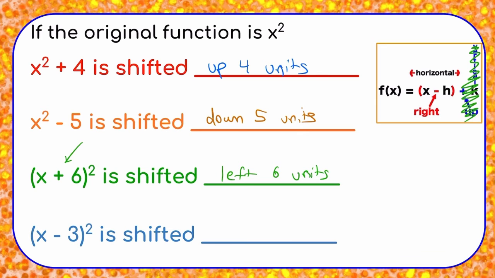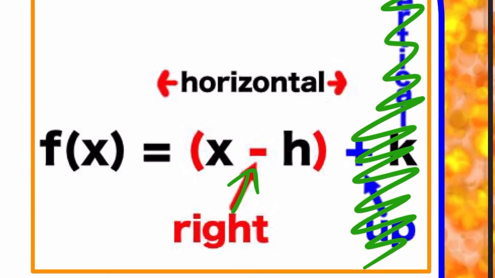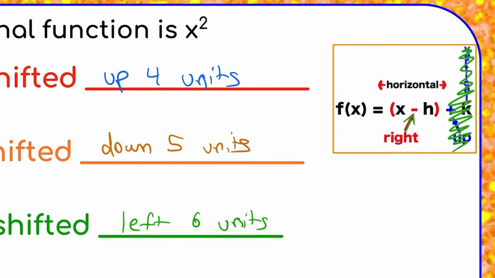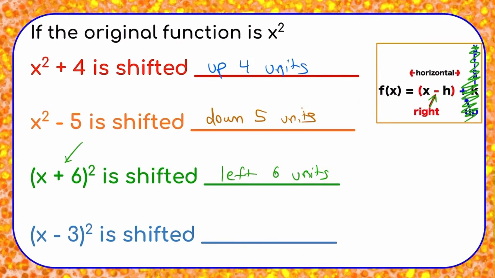Just to remind you, minus is right. And plus would have to be left. All right, I'll have you do this one. X minus 3 squared. How can you describe that shift? That would be to the right 3 units. Okay, so I'm gonna leave this cheat sheet up while we do a couple more examples.